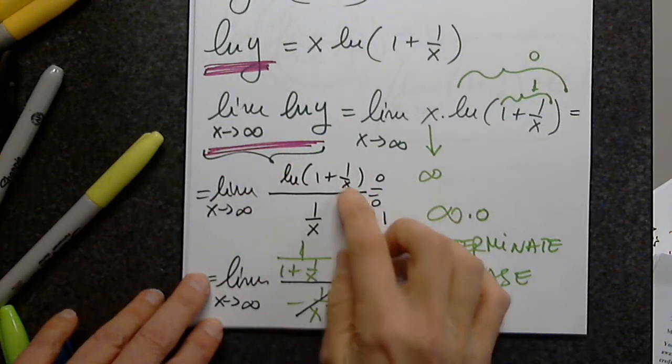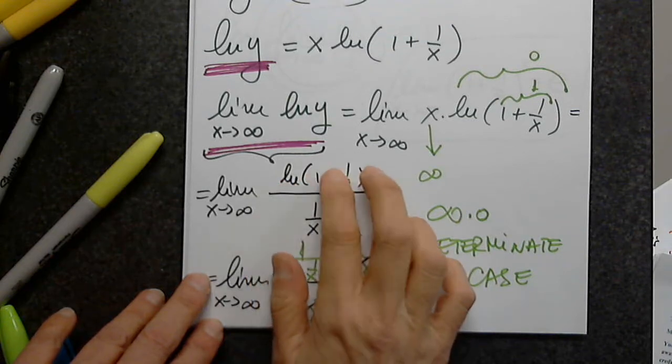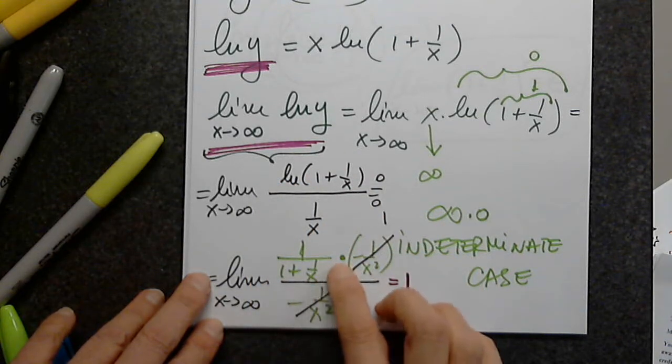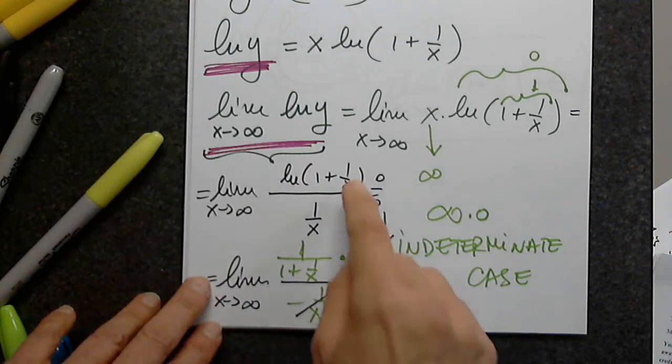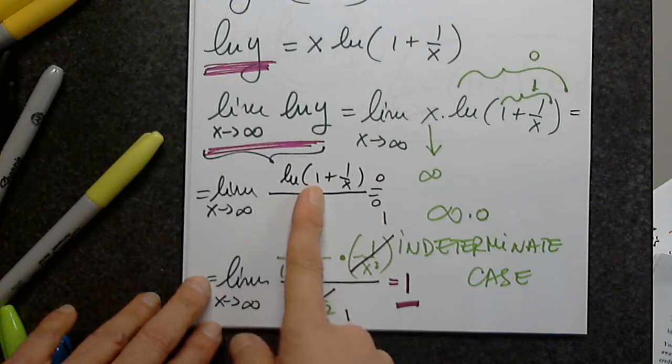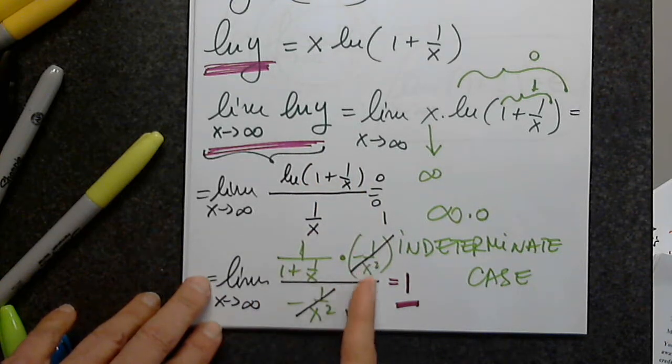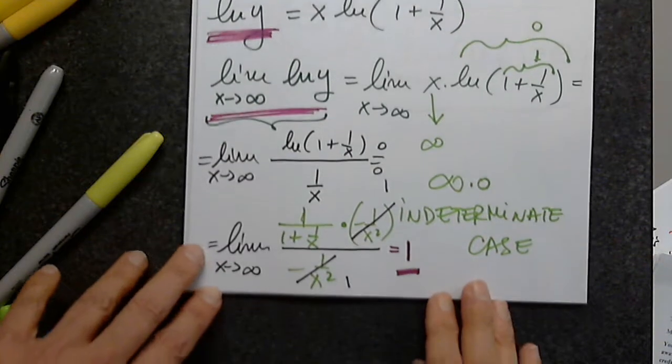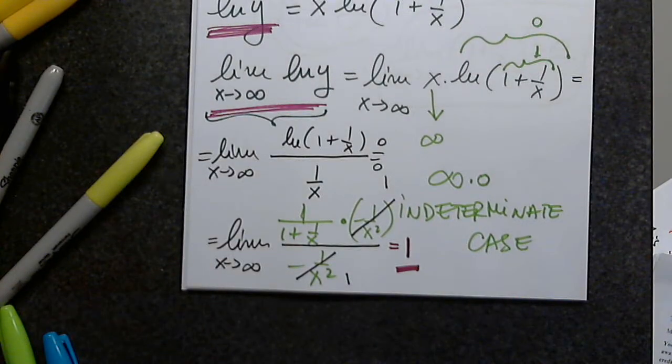When I differentiate the top, it's natural log of a function, 1 over the function times the function prime. So when we differentiate this, 1 prime is 0, and this prime is that -1 over x squared. L'Hopital's rule says you do not apply the quotient rule, right? If it's a fraction and it's 0 over 0, infinity over infinity, you differentiate the top by itself and differentiate the bottom by itself.